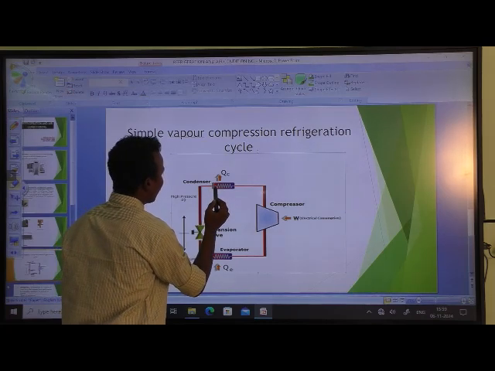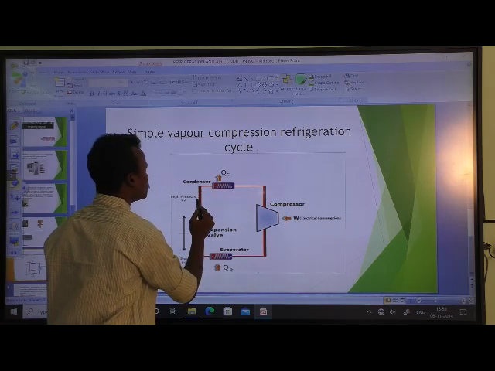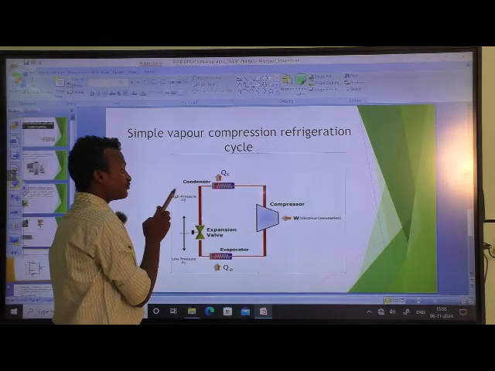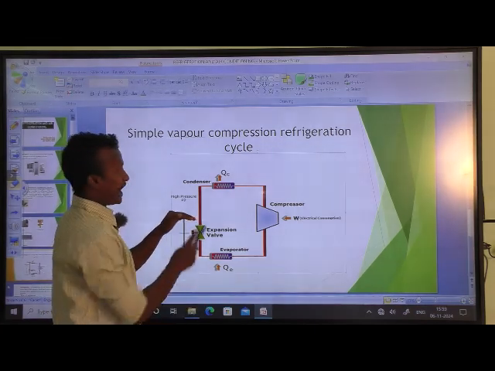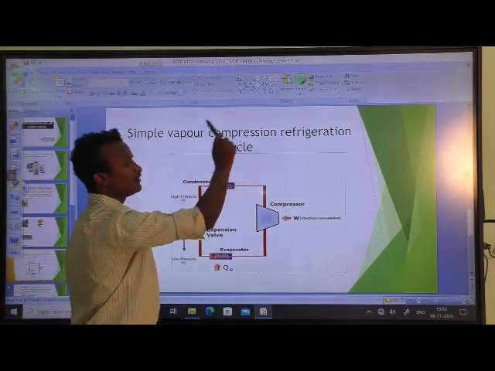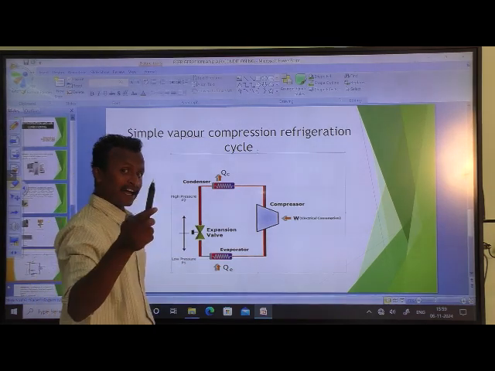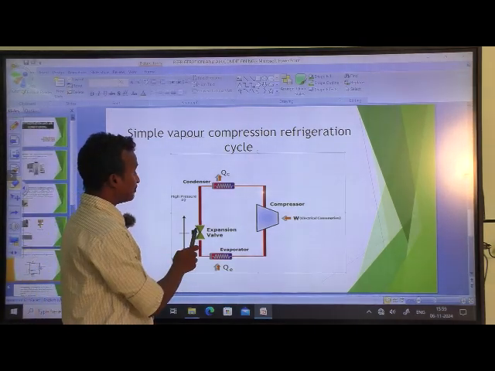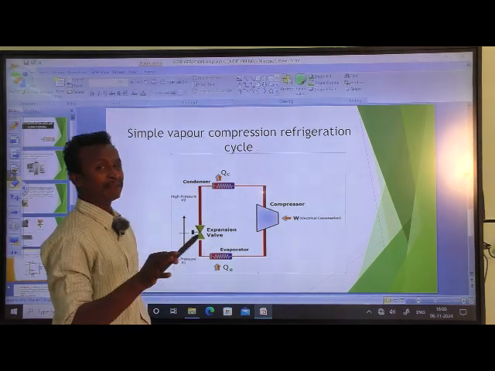Then, friends, the refrigerant will flow from the condenser to the expansion valve. In this process, the pressure is high and the temperature will decrease because of the rejection of heat to the surrounding. Basically, I have already told you that the basic function of the expansion valve is to decrease the pressure.